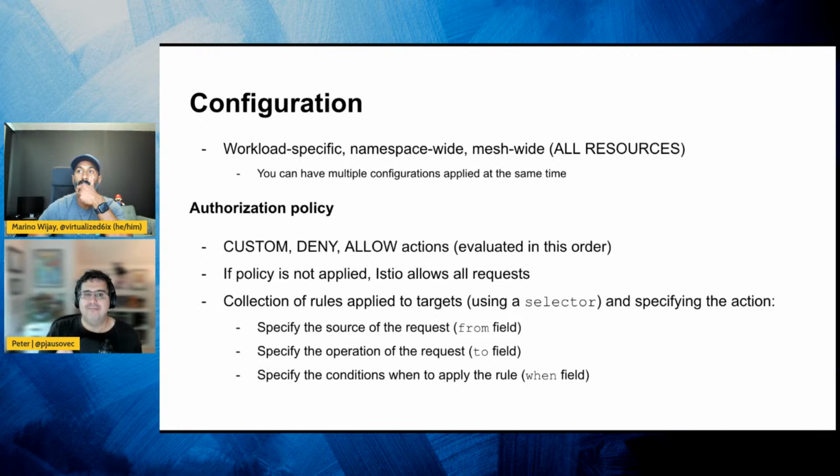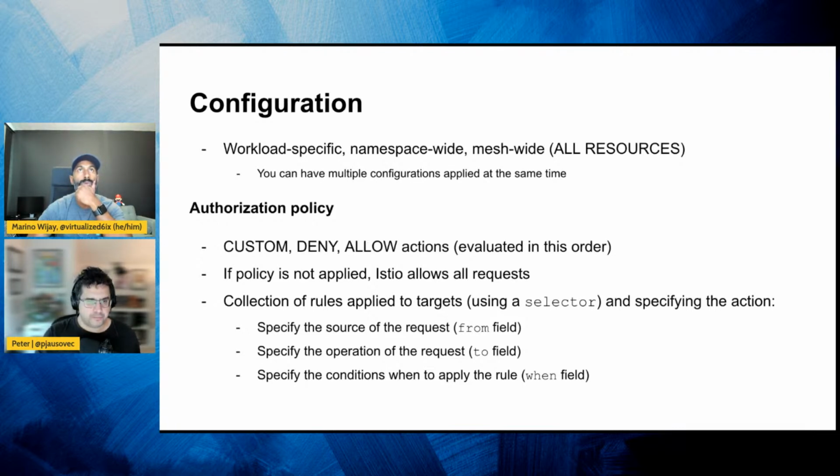You can apply them namespace wide, meaning you just deploy the resource in a namespace without any selectors. Or you can apply them mesh wide, meaning you deploy the resource in the Istio configuration namespace, which is by default istio-system, and then that configuration applies across all of your mesh.